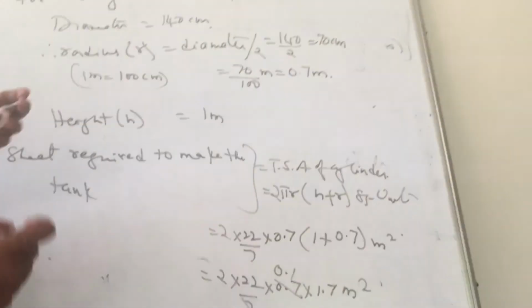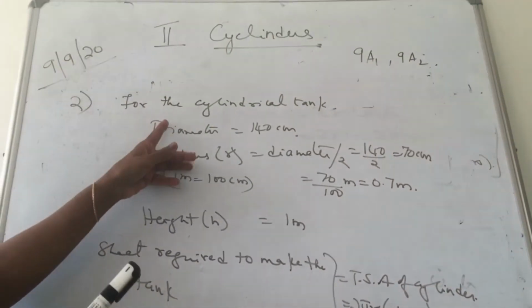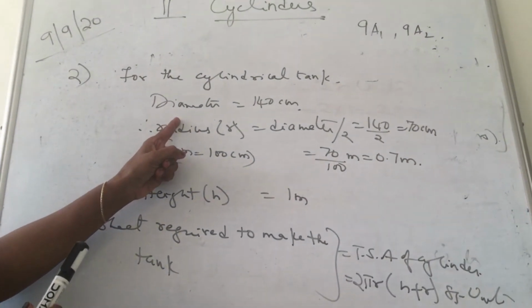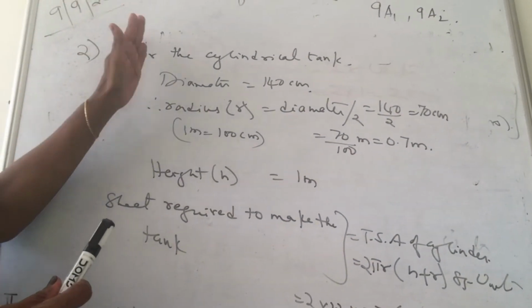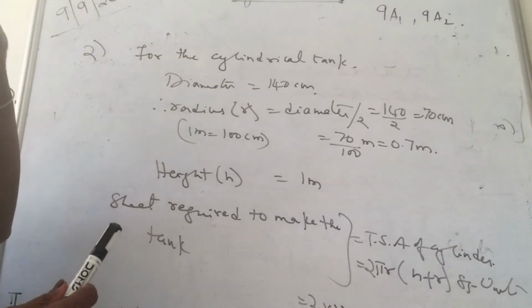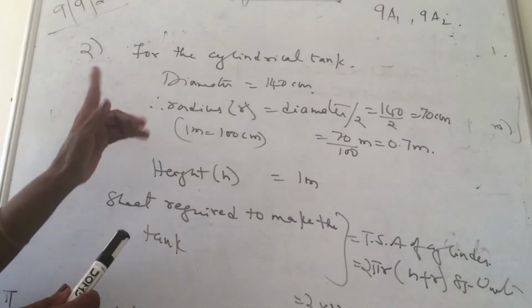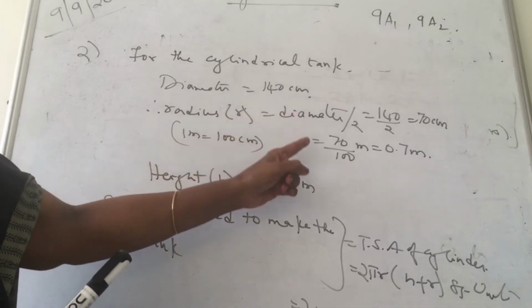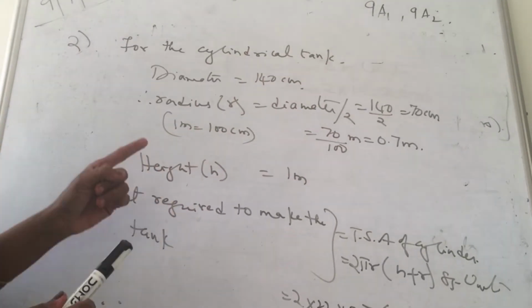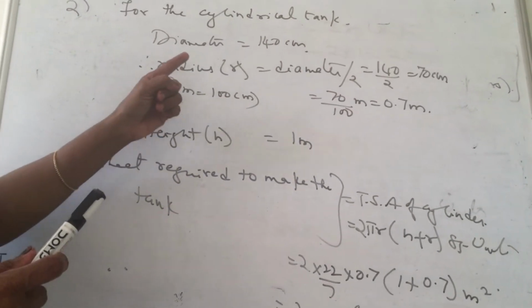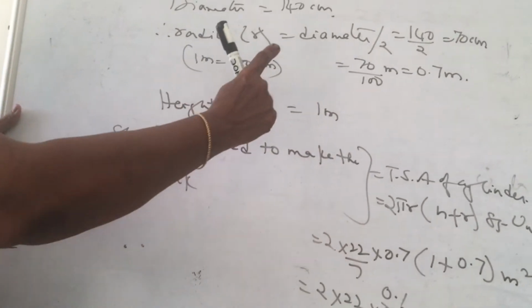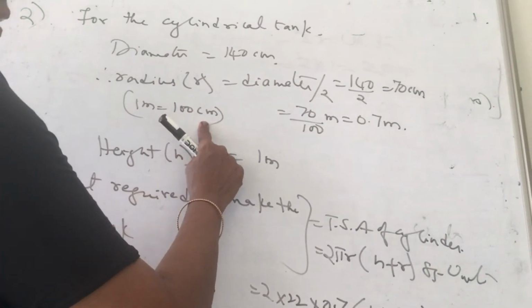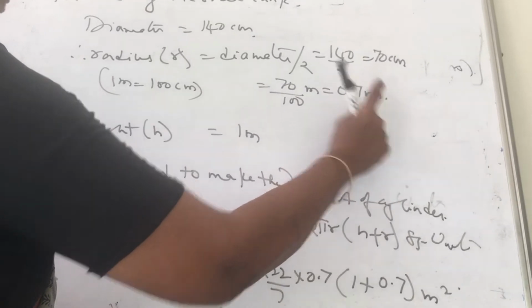What are you given for the tank, children? The diameter. In a cylinder sum, we don't want diameter, always radius, height, radius, height. Radius is diameter by 2, 70 centimeters. As the height is in meters, radius also should be in meters, children. 1 meter is 100 centimeters, 70 by 100, 0.7.